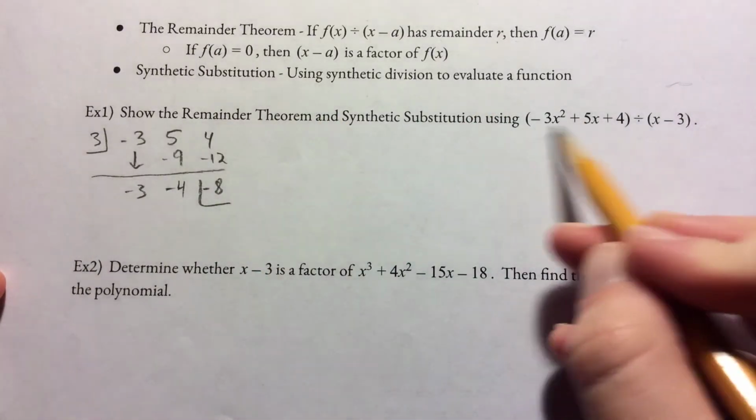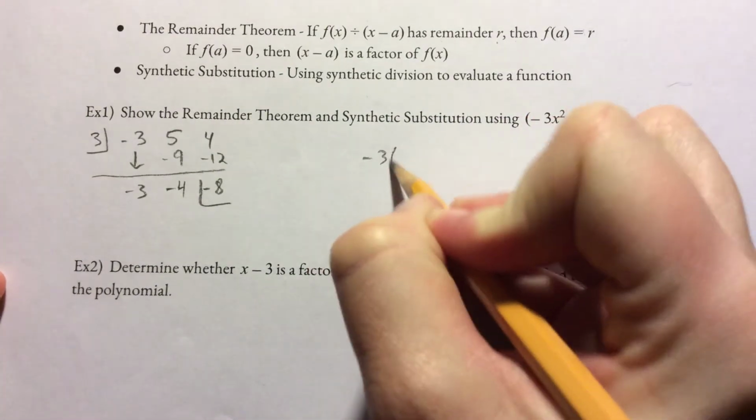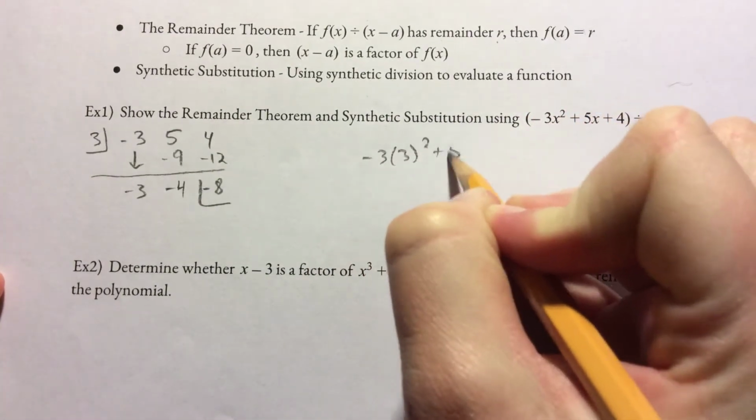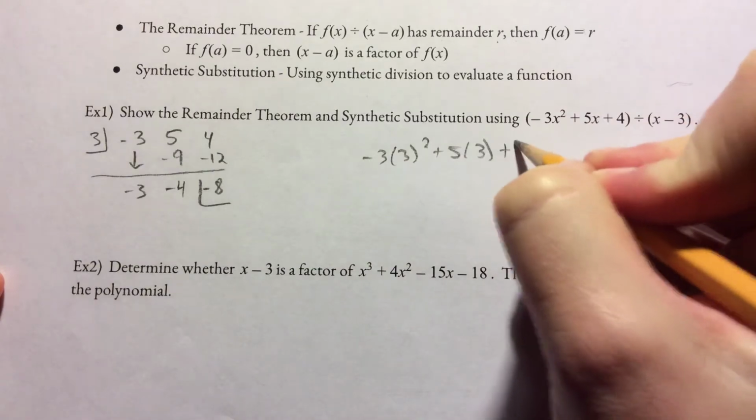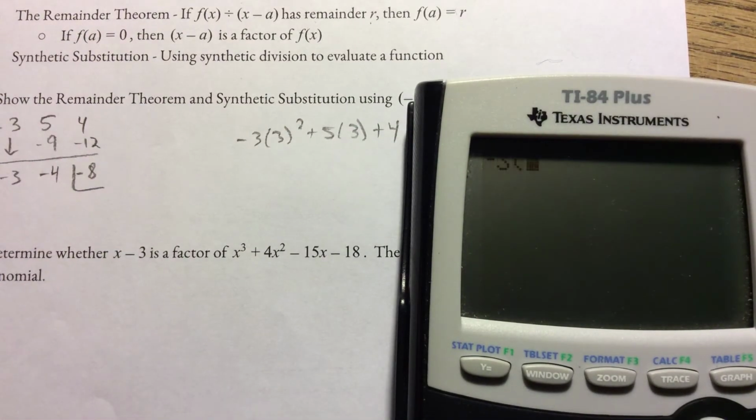Now if I take this function and I substitute a 3 into it, I should get that same exact answer. So I'm going to just substitute this right into the calculator.